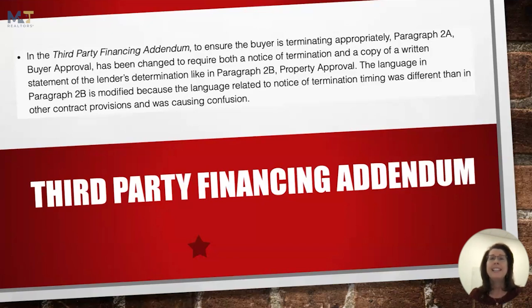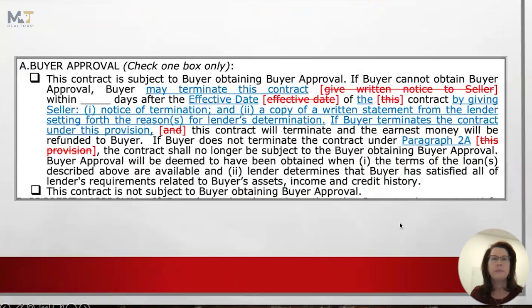Property approval. The language in paragraph 2B is modified because the language related to notice of termination timing was different than other contract provisions and was causing a lot of confusion. So TREC took that into consideration and made it a lot clearer for us to see.